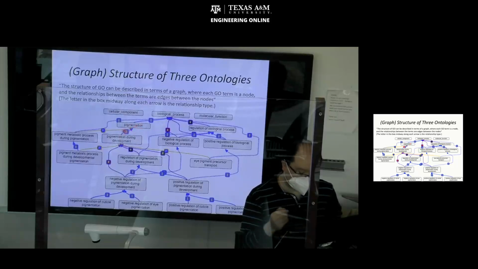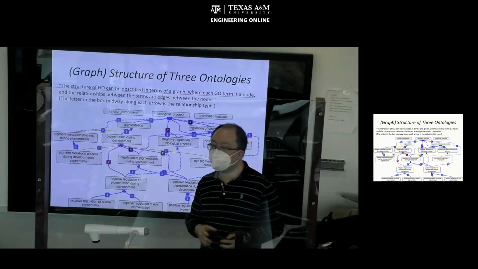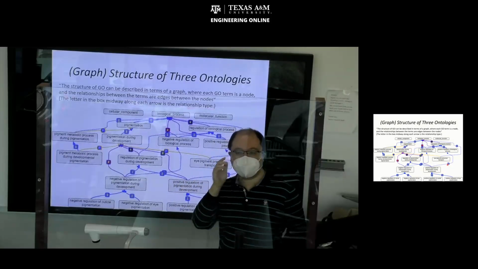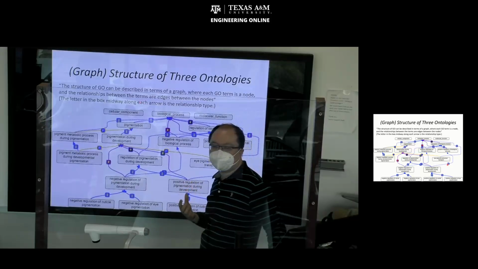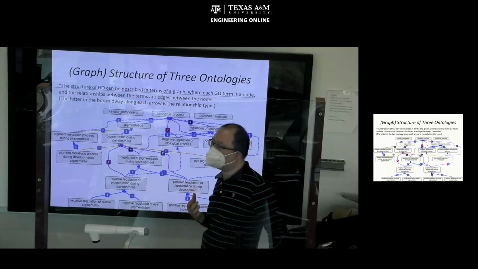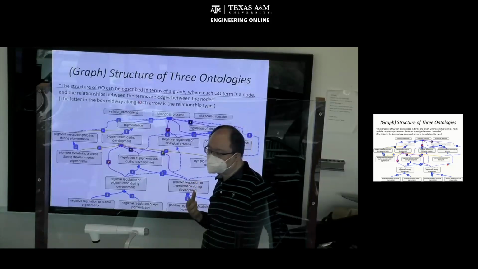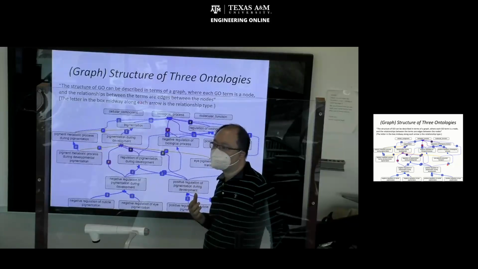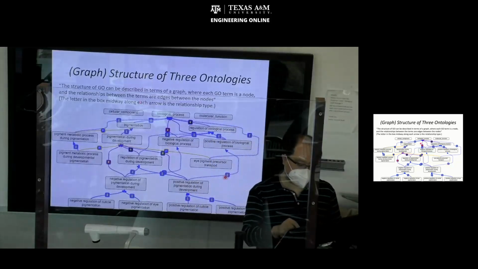So "is a", but there are other kinds of relationships. If you only consider "is a", then this graph can be roughly regarded as a DAG, a directed acyclic graph. But if you consider more than this simplified ontology, then this is no longer a DAG anymore. So what we often do is use a simplified graph, but it also has limited information, especially in the relationships we can have here.